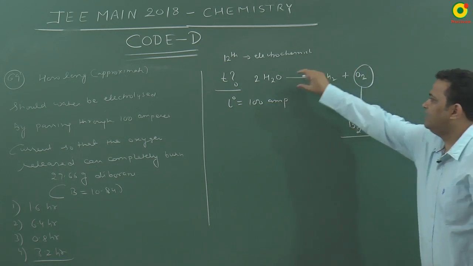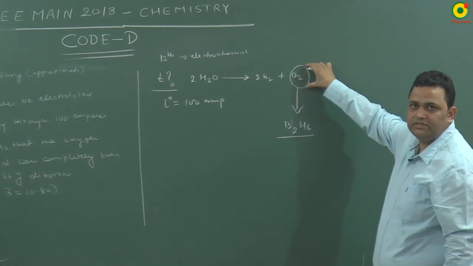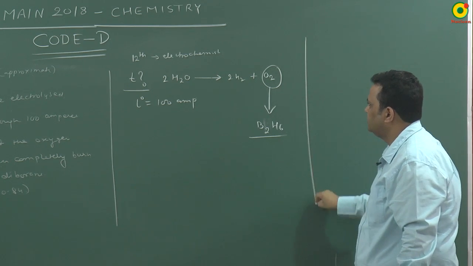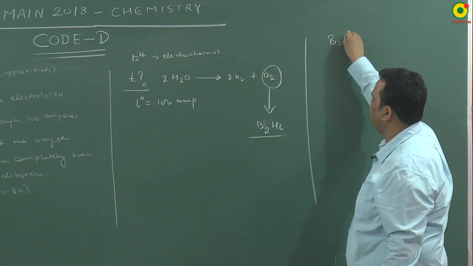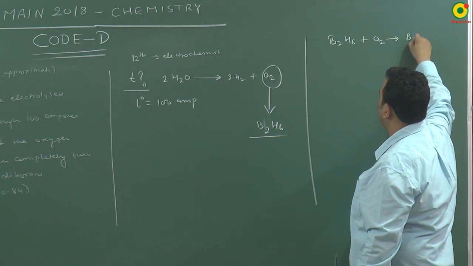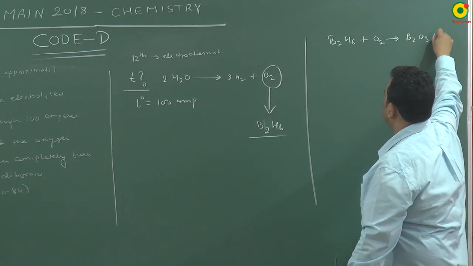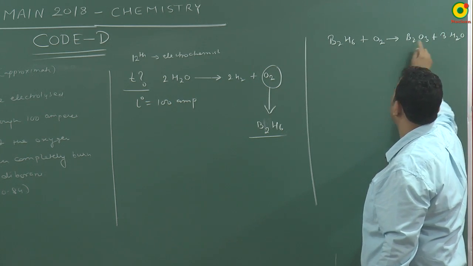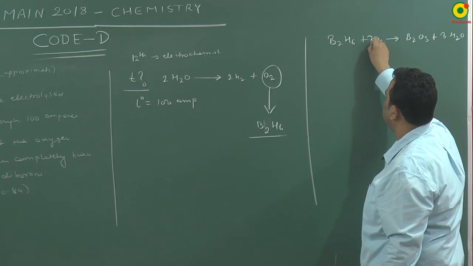So the water is forming oxygen gas, and oxygen is useful in the burning of diborane. So first we write B2H6 plus its combustion with oxygen. It will form B2O3 plus 3H2O. I am balancing this reaction. 3 plus 3 means oxygen 3.